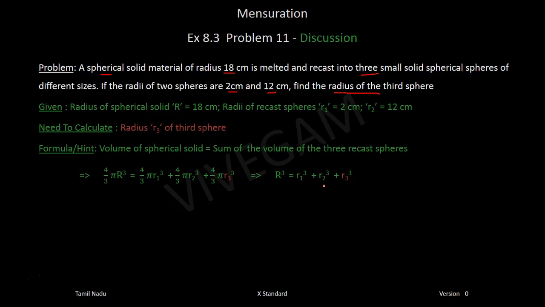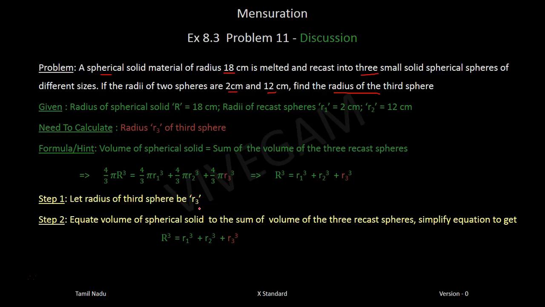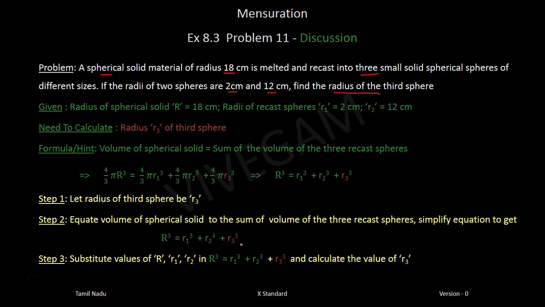Okay. So let's summarize. Let the radius of the third sphere be R3. Equate the volume of the spherical solid to the sum of the volume of the three recast spheres. Simplify the equation and get capital R cubed equal to R1 cube plus R2 cube plus R3 cube.